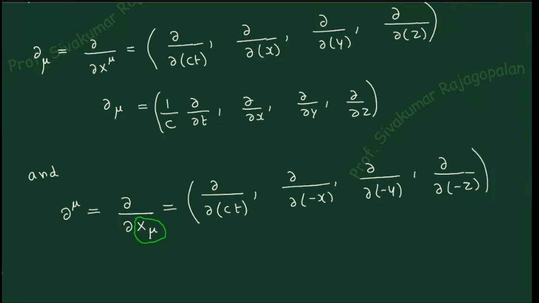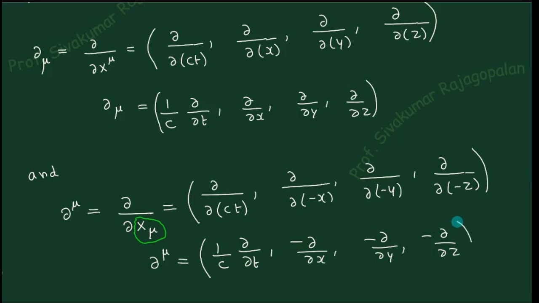Now once that is clear, finally we will have ∂^μ given by, let us simplify this: 1/c ∂/∂t, comma, minus ∂/∂x, comma, minus ∂/∂y, minus ∂/∂z. That's all. So these are the important relations.